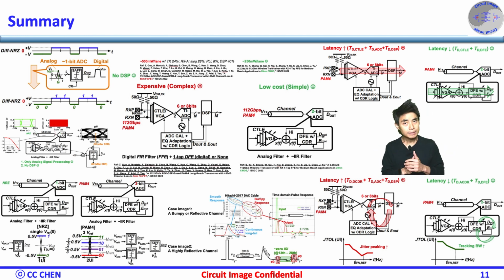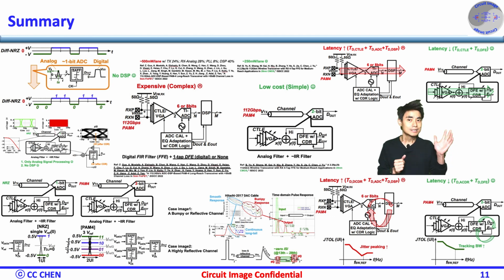Moving to the PPA. First, the analog PAM4 RX achieves much lower data and clock latency. The reduced data latency helps applications of any real-time data processing, such as high-frequency trading or other low-latency communication systems. The reduced clock latency in the RX CDR helps improve the jitter tolerance with a higher tracking bandwidth, and also reduces the jitter peaking for greater stability.